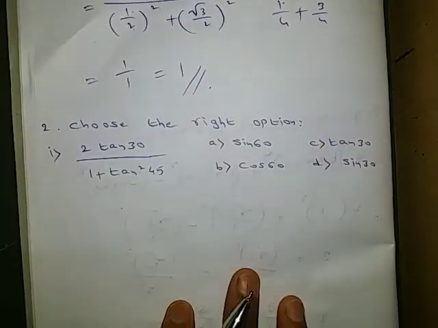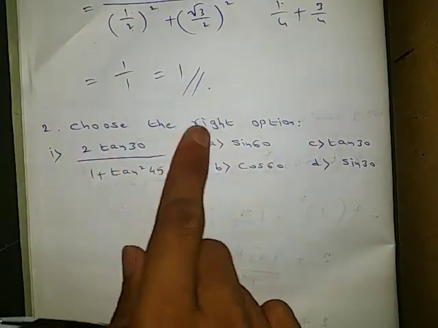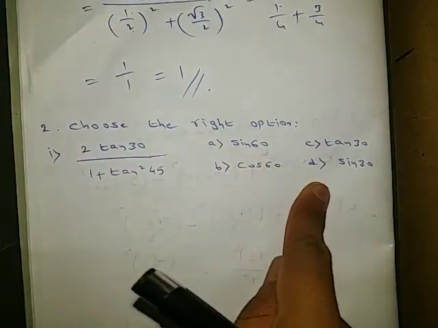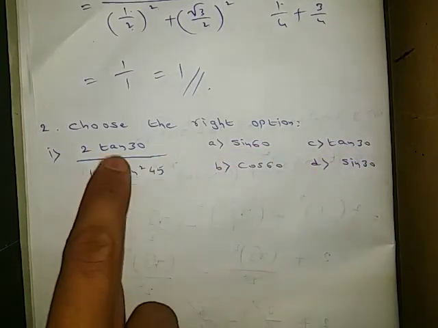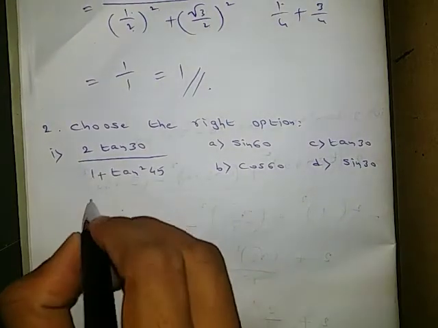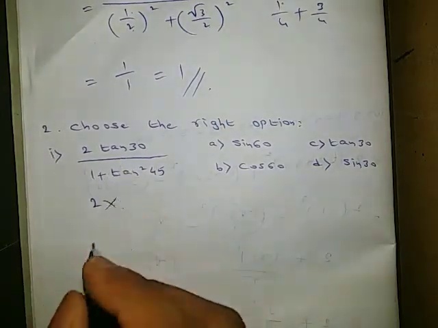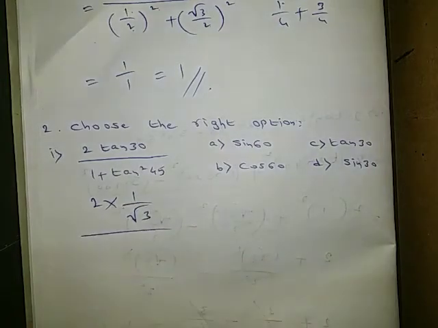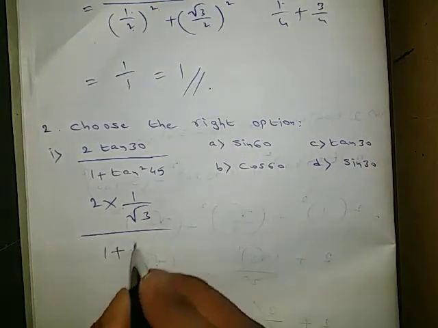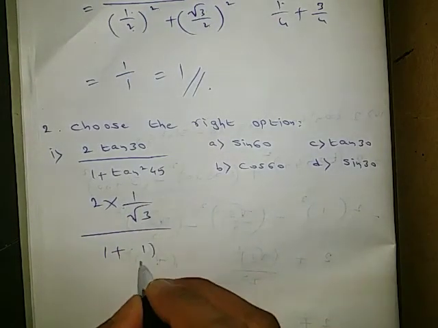Okay, let's move to the next question. He gave options A, B, C, D, 4 options. From these 4 options we need to pick the one which is correct and suitable for this solution. So 2 into tan 30, 1 by root 3, whole divided by 1 plus tan square 45.